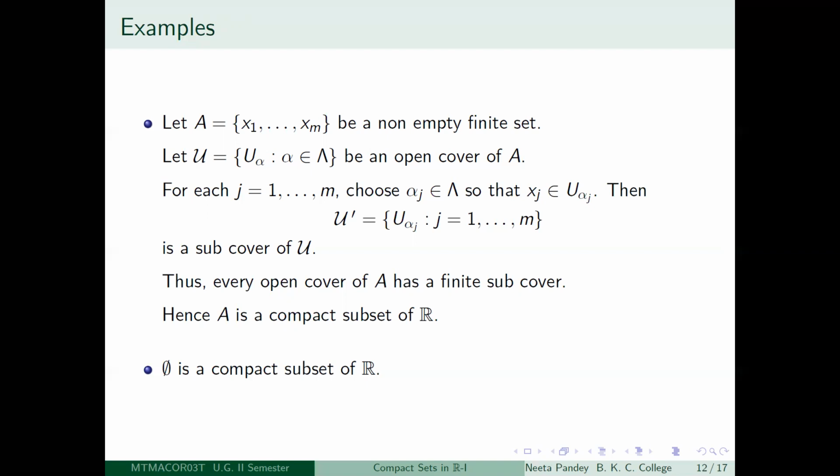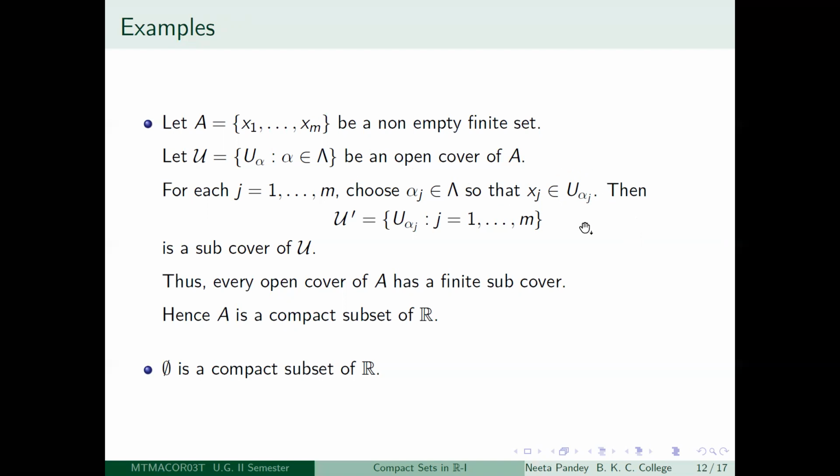Since script U is an open cover of capital A, every element of capital A is an element of at least one U alpha in this family, because capital A is a subset of the union of U alpha, alpha in Lambda. So therefore, if you fix your xj, there will be at least one where xj will belong. So choose that.